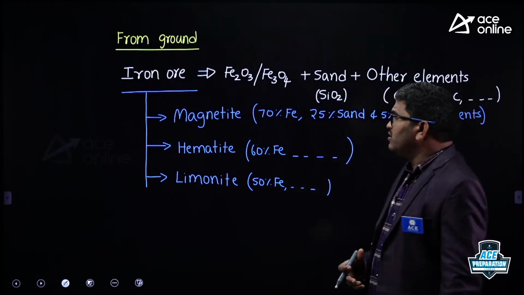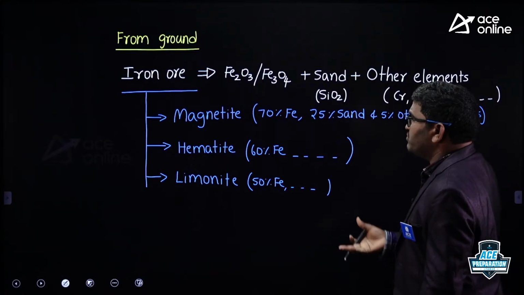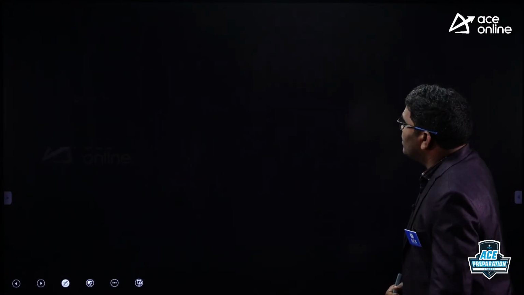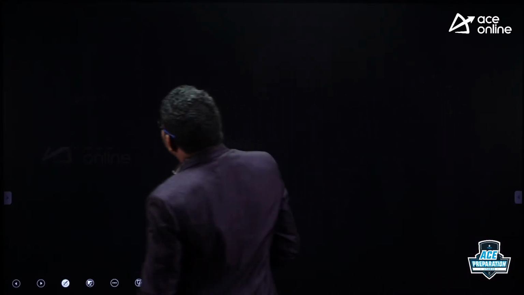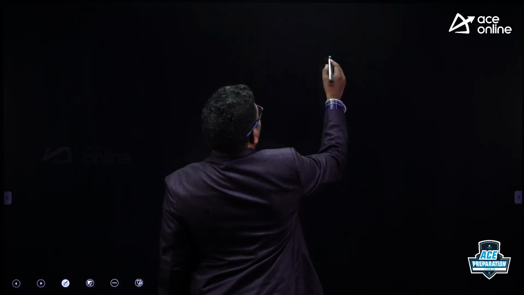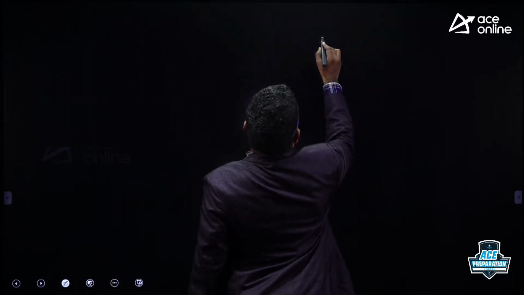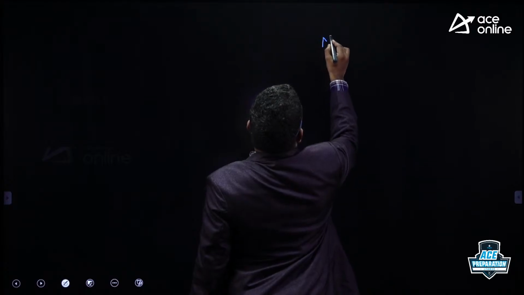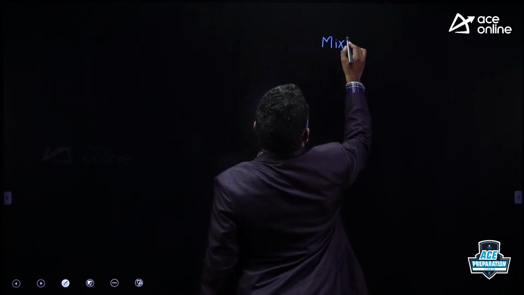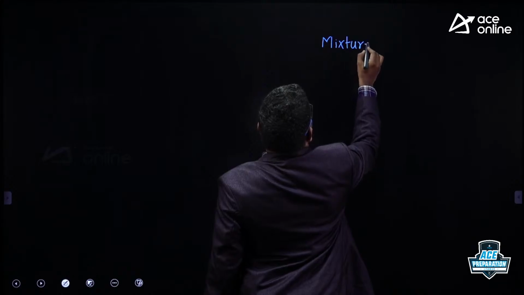I will give you that one. First we should prepare a mixer, after that we should go for the blast furnace. Listen here. Before going to the blast furnace operation, we should prepare a mixer.